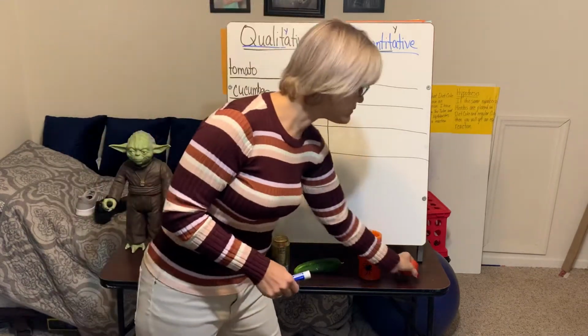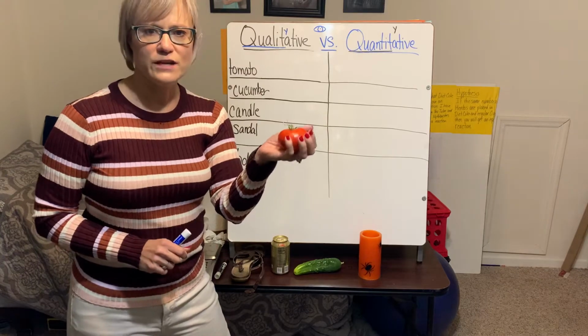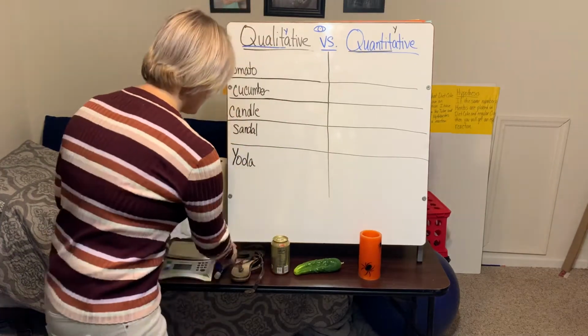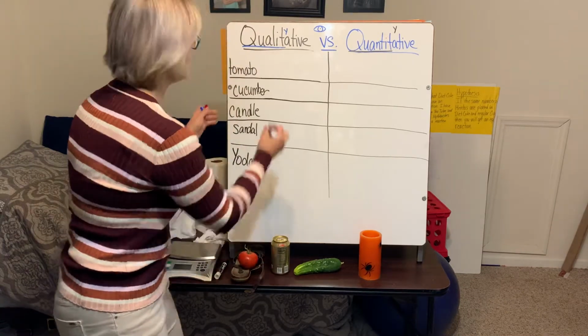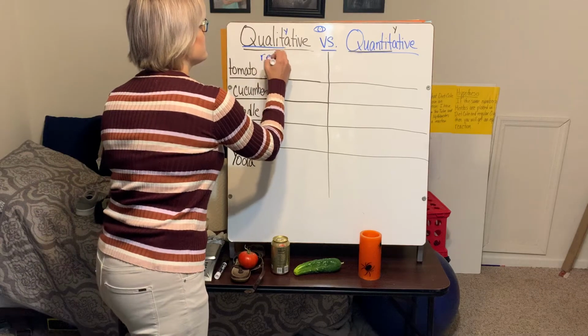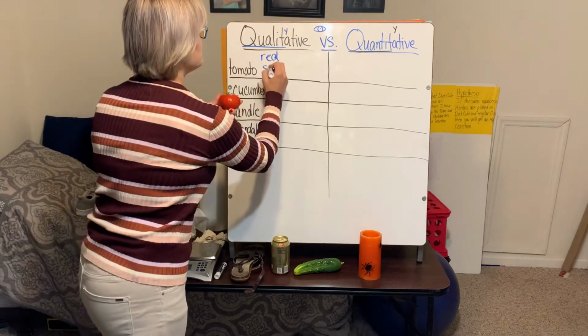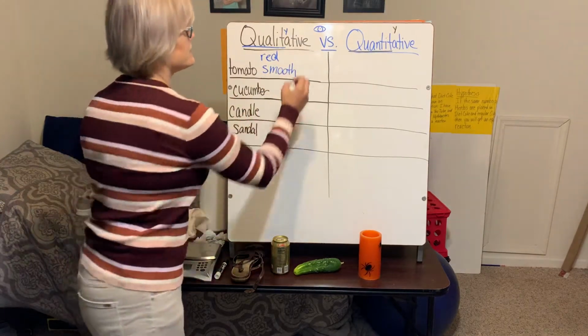All right, to start off, I picked this tomato the other day from my garden, and so we're going to use this to begin with. And so for the tomato, I can say that the tomato is red. I can say that it is smooth. I can also say that it is round.